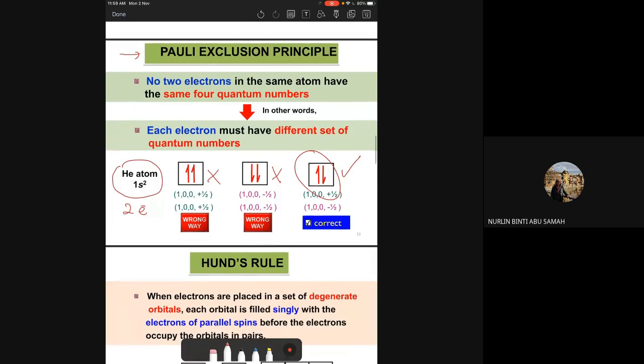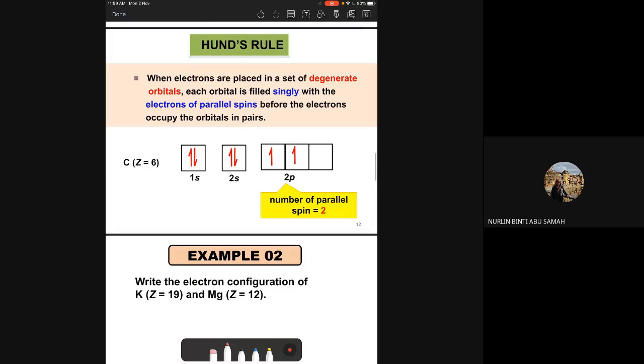Okay. Next is Hund's rule. So in this Hund's rule, electron are placed in a set of degenerate orbitals. So setiap orbital akan terisi single. Maksudnya dia akan terisi secara single before they occupy the orbitals lah. Macam contoh unsur carbon ni. Carbon nombor atom dia adalah 6. So kamu akan isi 1s dulu, buat macam ni, then baru isi 2s orbital, and then ada lagi baki berapa? 2 kan?